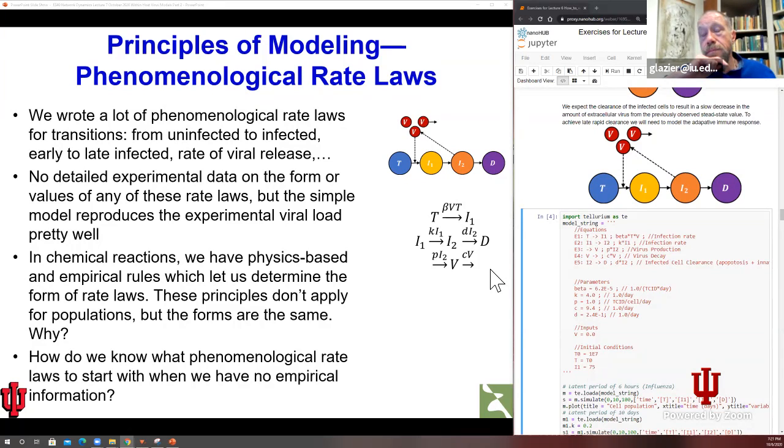When we're talking about things like how much cytokine is produced by the cells, and what's the rate at which the replication of the T cells is determined by cytokine, or how the T cells come in and kill target cells, we don't have good measurements of that. We're going to find that we don't have good experimental data for those. And so we have to think a little bit about what we do in the absence of detailed rate laws.